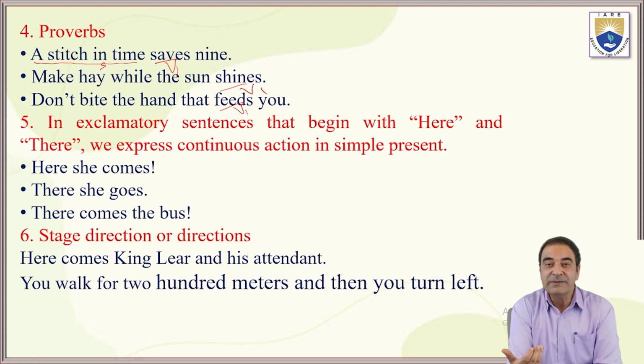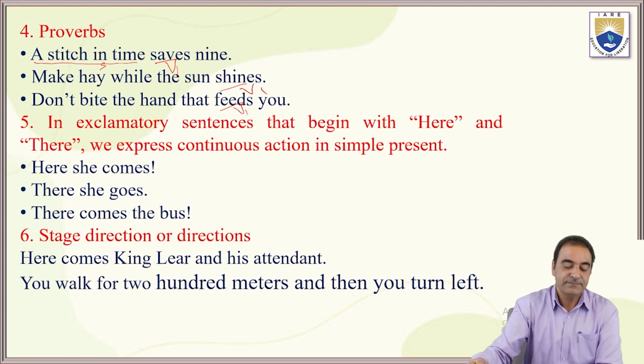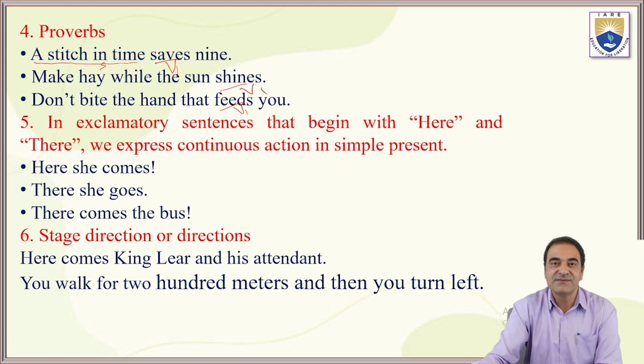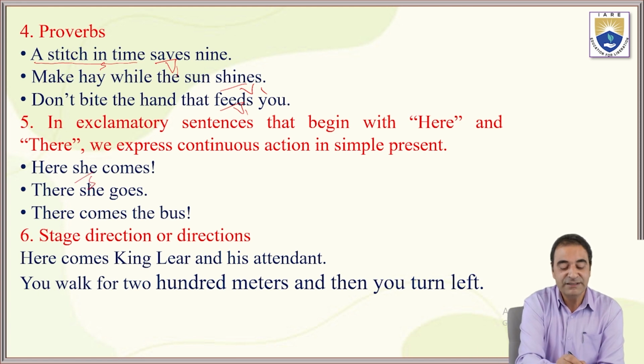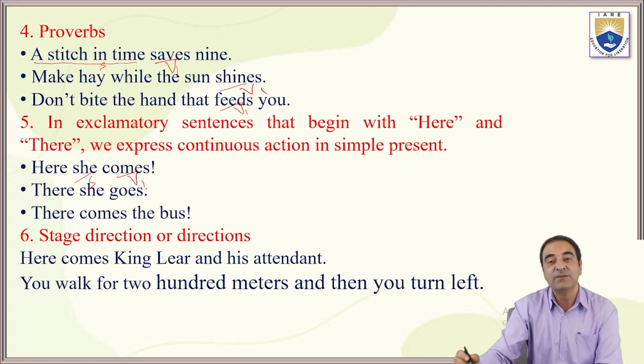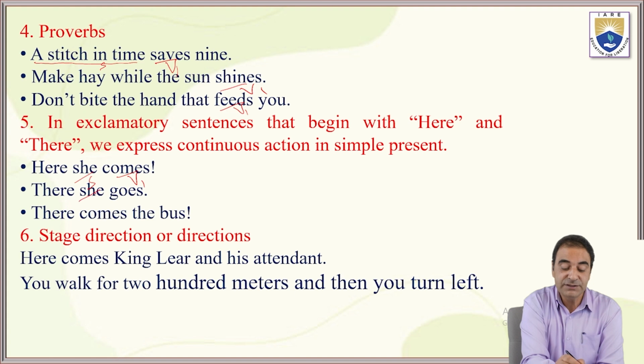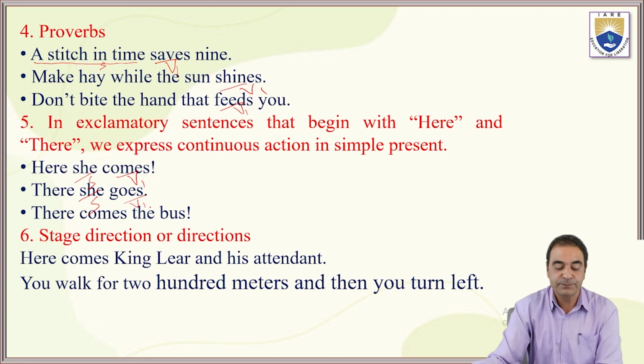We use simple present tense, like here. Here she comes. Now look at this sentence. We have subject she and then comes, verb in first form. Look at the second sentence. There she goes. Again we have subject she, third person singular, and then verb in first form.